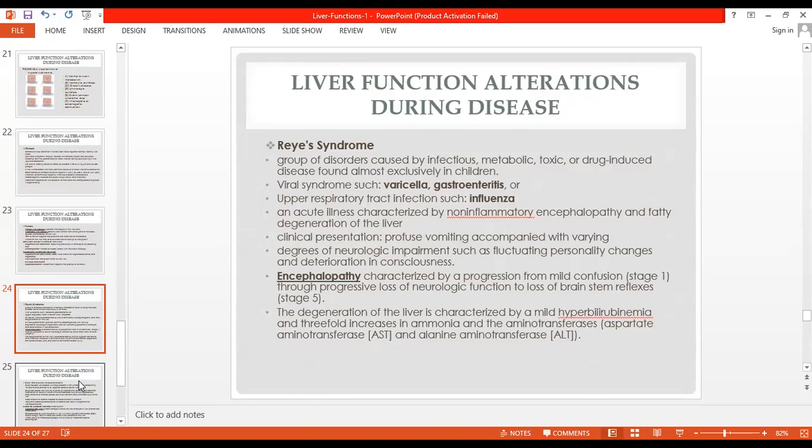The encephalopathy is characterized by a progression from mild stage 1 through progressive loss of neurologic function to loss of brain stem reflexes at stage 5. The degeneration of the liver is characterized by a mild hyperbilirubinemia, a threefold increase in ammonia, and increases in the aminotransferases, aspartate aminotransferase, AST, and alanine aminotransferase, ALT. Without treatment, rapid clinical deterioration leading to death may occur.